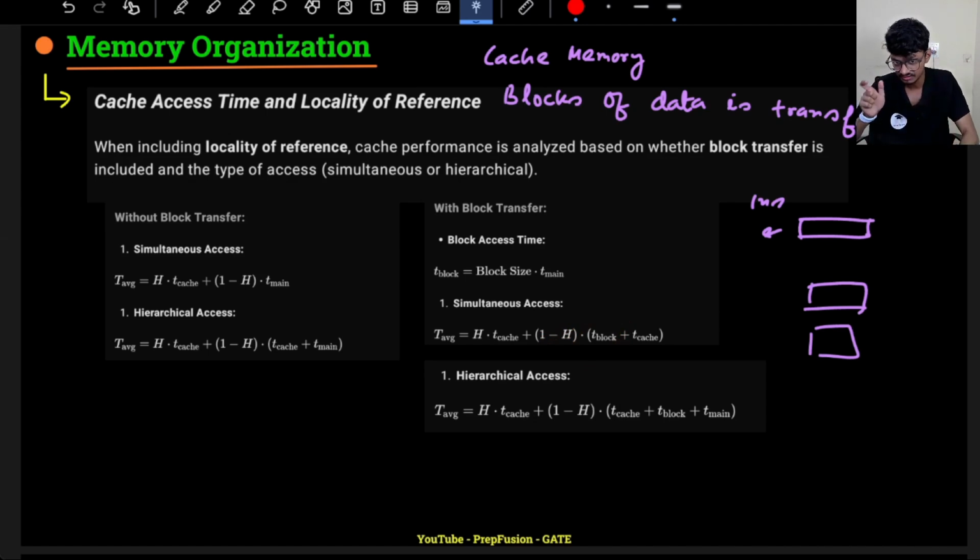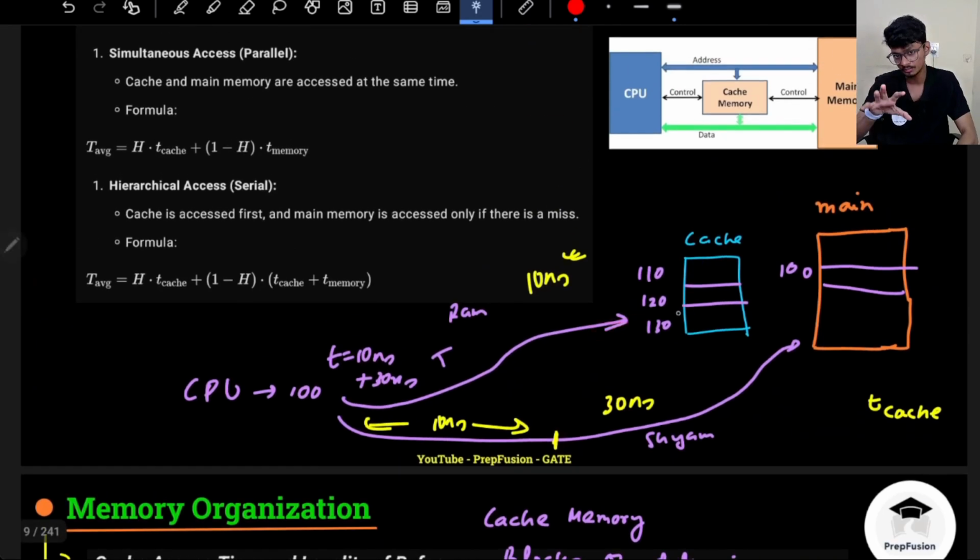If the CPU is asking for the value stored at address 100, it will bring only that. So let's say you are at your home, and your father asks you to bring an egg. You will go to the refrigerator and bring that single egg, correct?